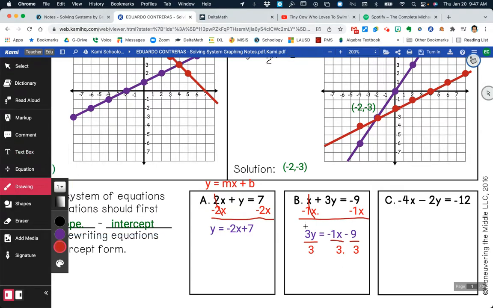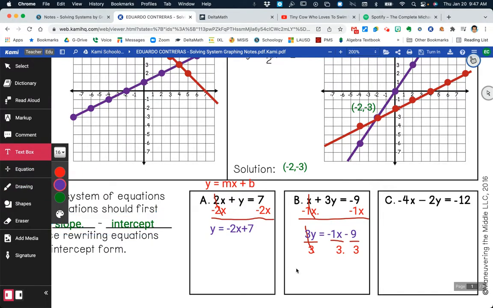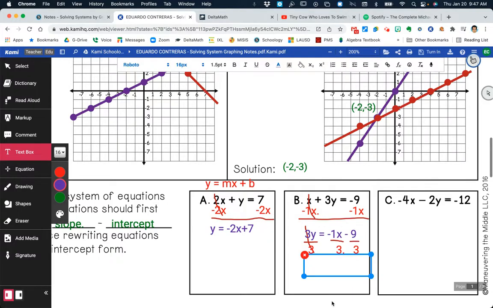The drawing tool shows the canceling here. We get y all by itself finally, equals negative 1 divided by 3.